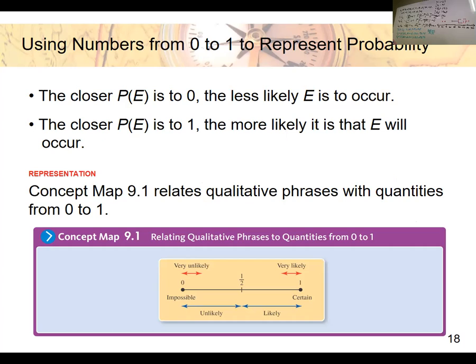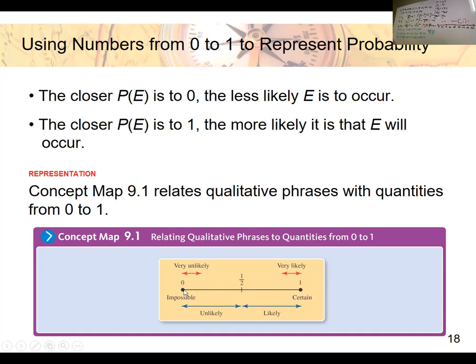And the closer your probability value is to 0, the less likely that event will occur. And the closer you are to 1 for the probability of that event, then it's more likely that the particular event will occur. Okay, so here is the concept map relating those qualitative phrases with the quantities from 0 to 1.